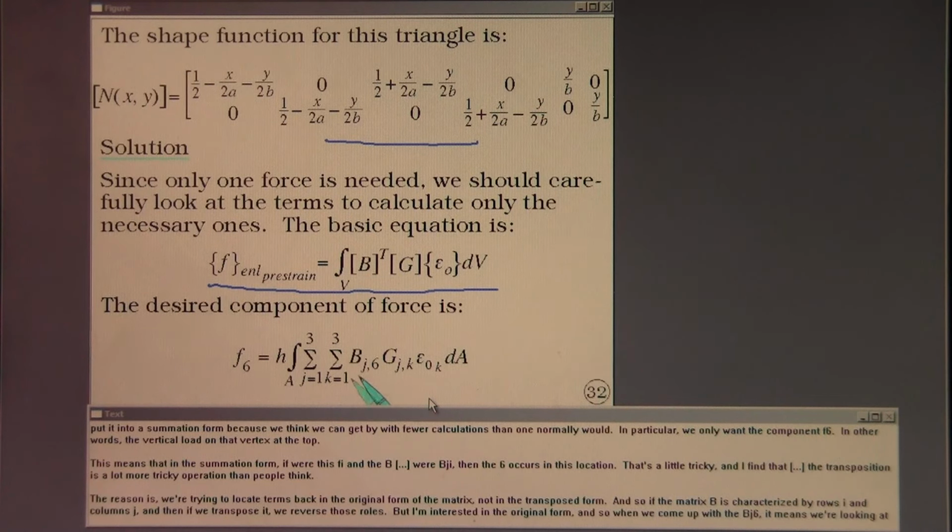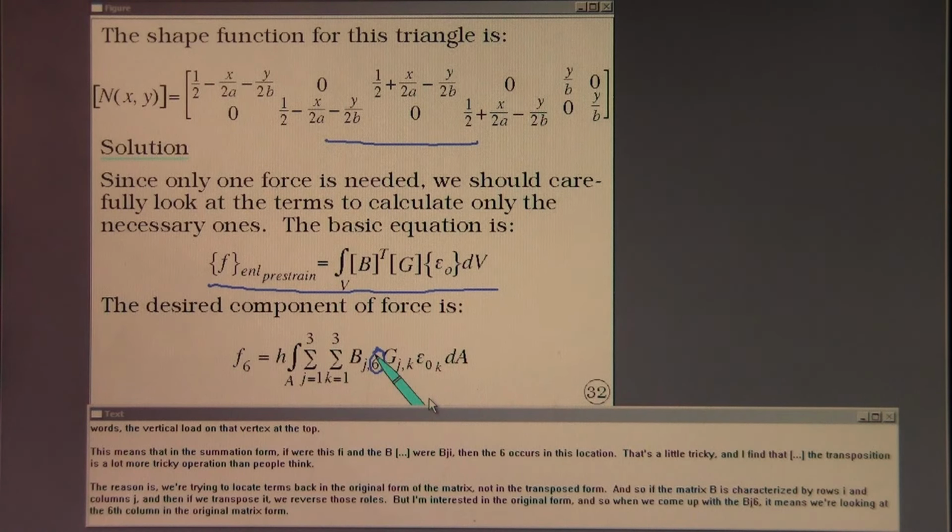This means that in the summation form, if this were Fi and the B were Bji, then the 6 occurs in this location. That's a little tricky, and I find that transposition is a lot more tricky an operation than people think.